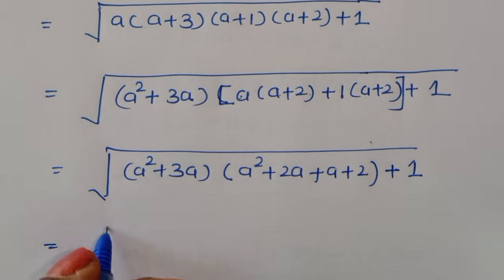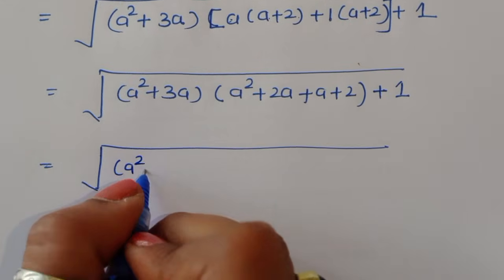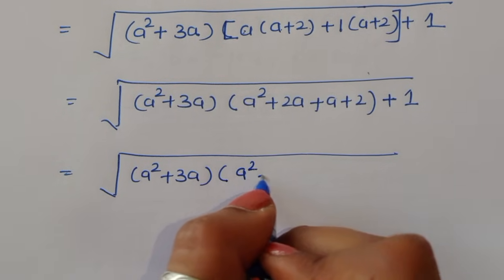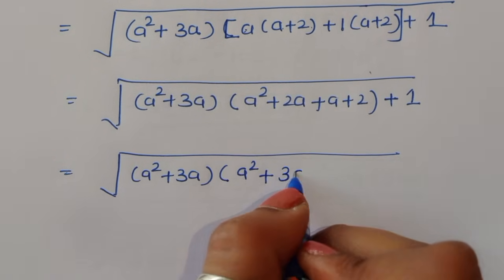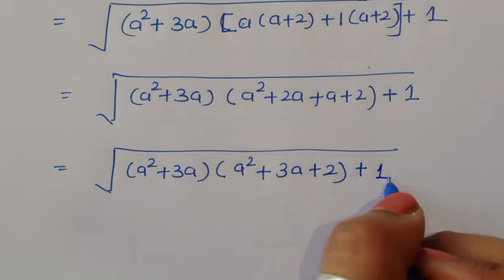Now we have a square plus 3a times a square plus 3a plus 2, plus 1.